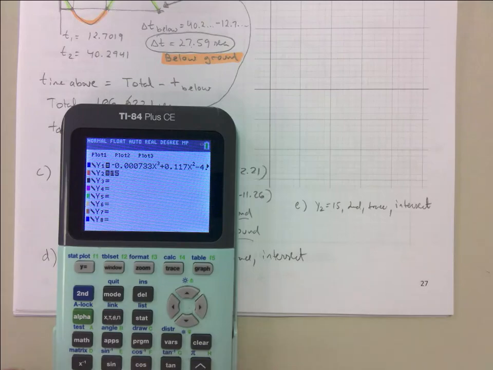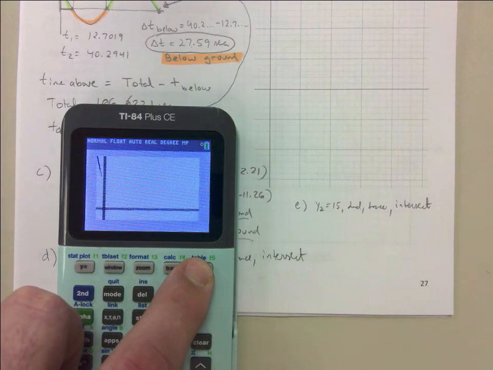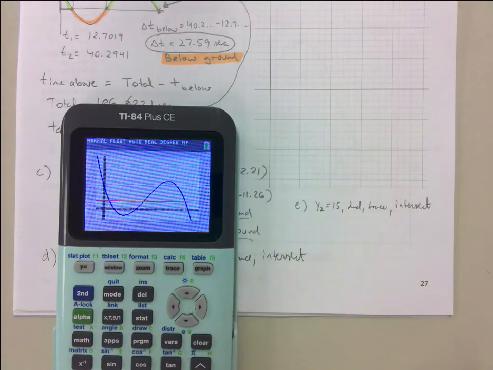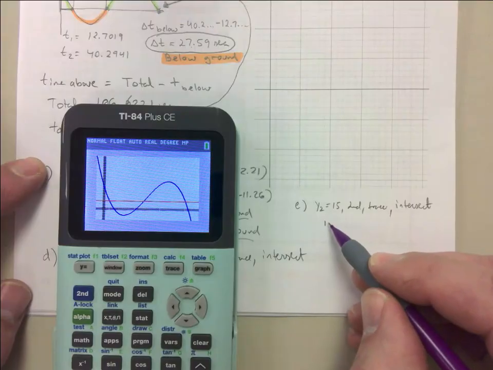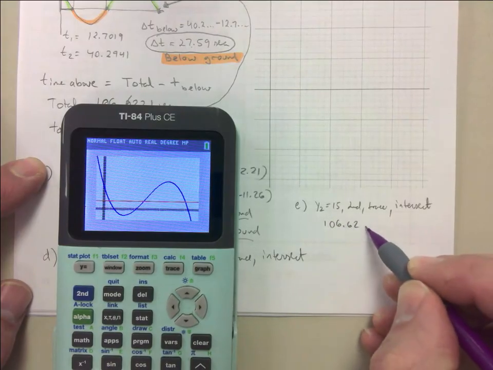Y2 is 15. You hit graph. We're going to skip this one. I'm just going to give you the answer because it's the same process as before. It's going to be 106.62 seconds.